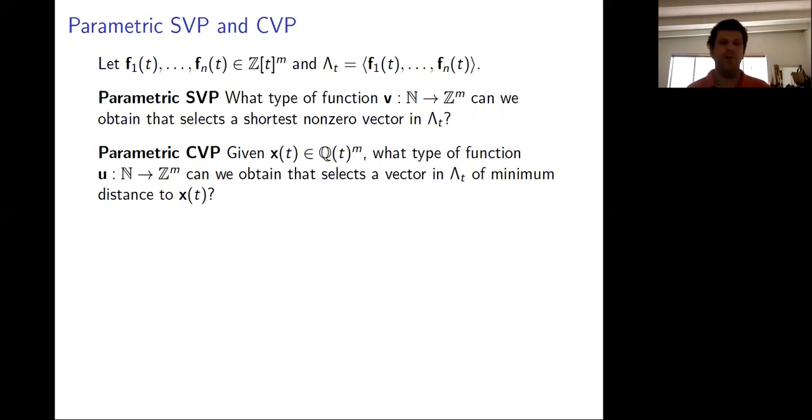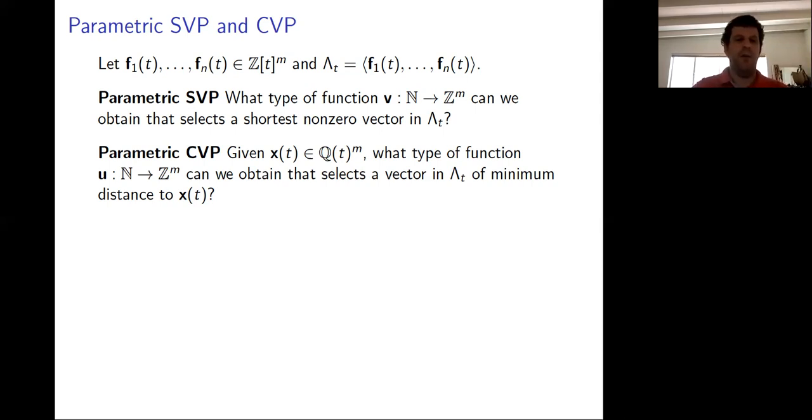Now the question is, I take the SVP and the CVP, and I ask, how does the shortest vector or the closest vector depend on the parameter t? What kind of function is it? At best you could hope that it might be a polynomial, because the input is polynomial. But that's not going to be quite enough.